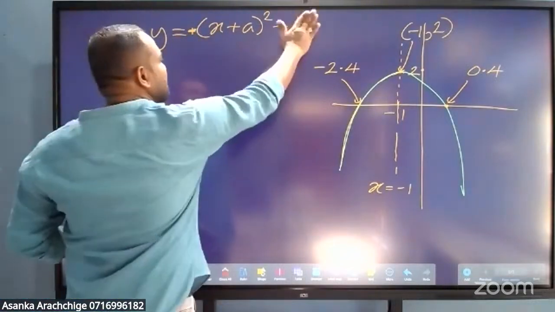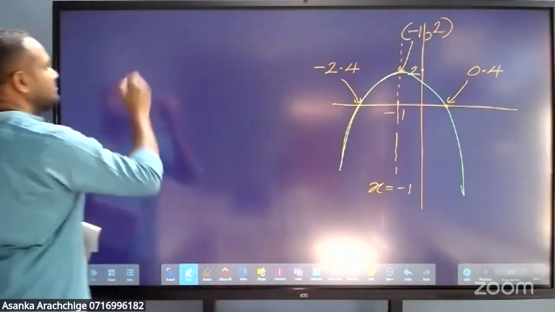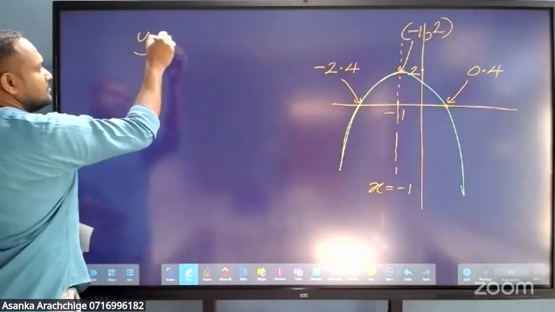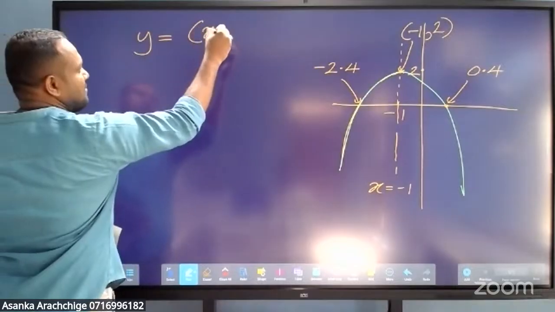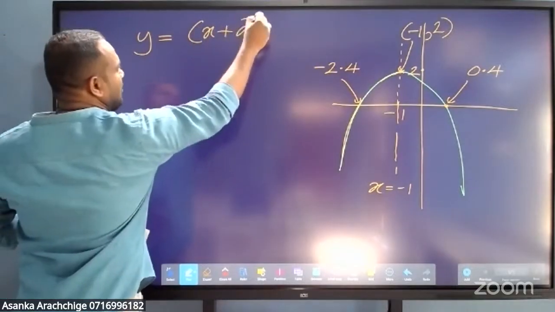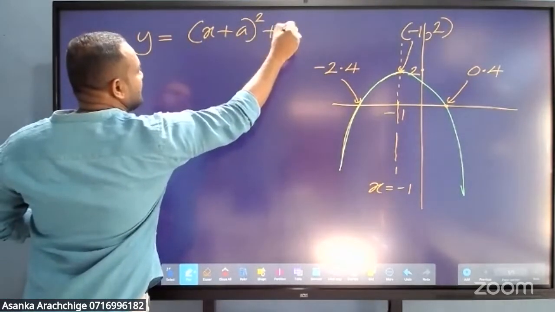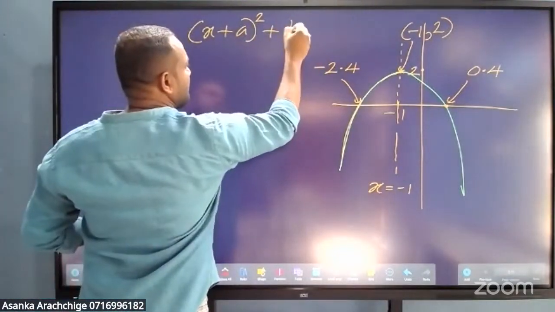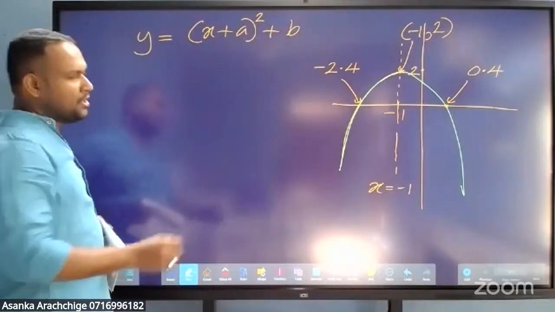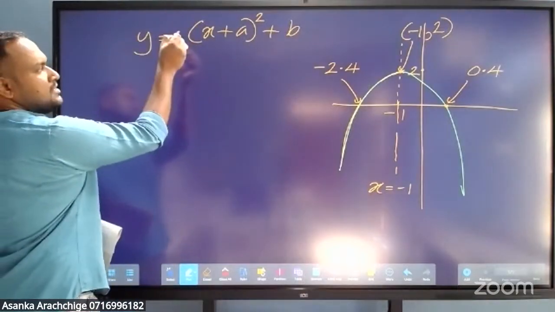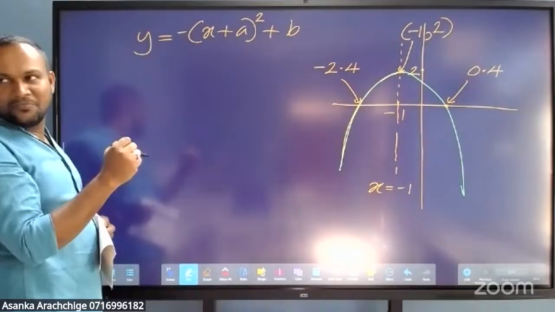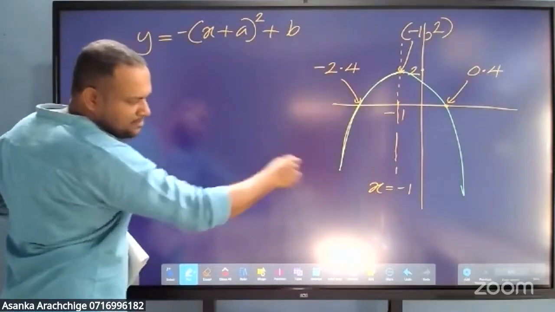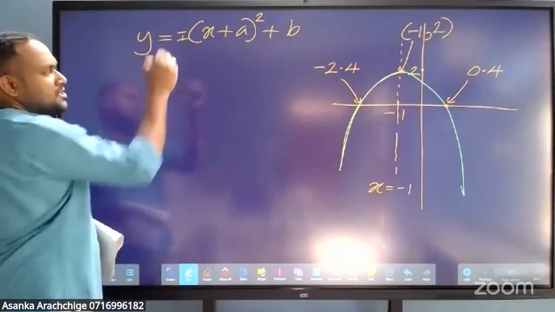So here, when we write this in this form, if the parabola has a maximum point, the sign of this square part is negative. When the parabola has a minimum point, it is positive.